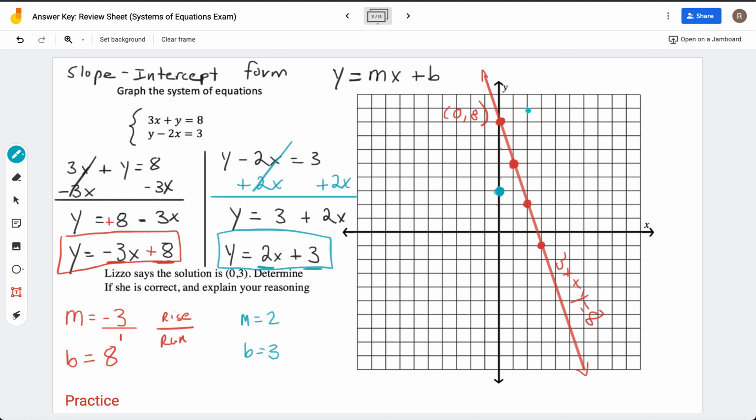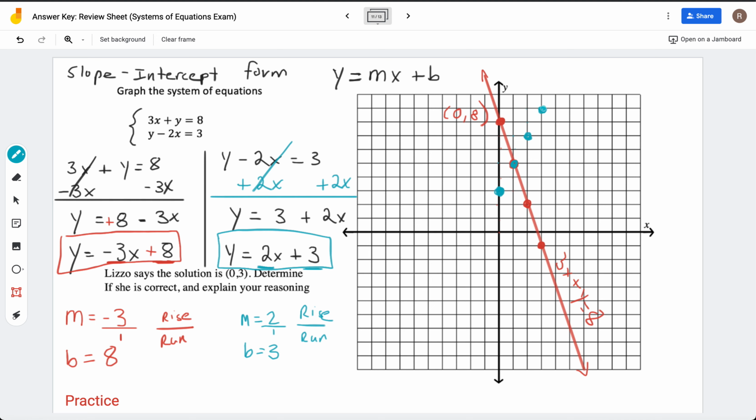And then we're going to use our slope to find the next point. So if our slope is 2, it's 2 over 1. That's our rise over our run. So we're going to go up 2 because it's a positive 2. 1, 2, and our run is also positive, so we're going to go 1 to the right. And then we do this again. 1, 2, up, 1 to the right. 2 up, 1 to the right.